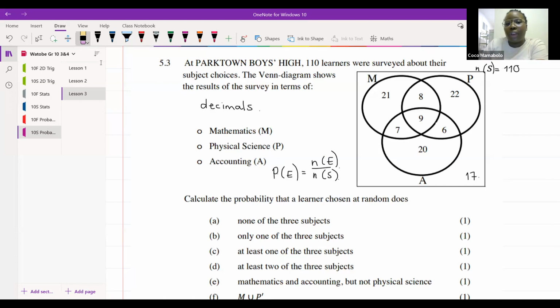Or do we say 4 over 110? For which part? Where would the 3 and the 4 come from? The 3 will come from the subjects chosen, for example, maths, physics, and accounting. And the 4 would be the kids who don't do it at all.